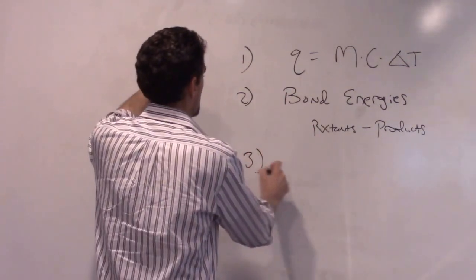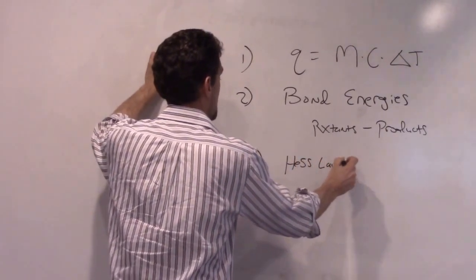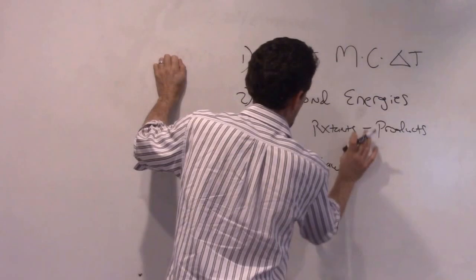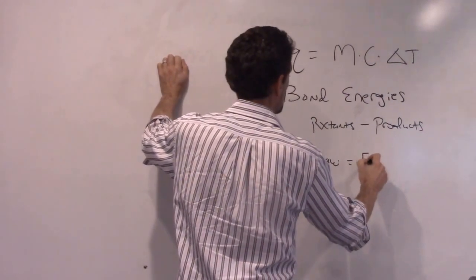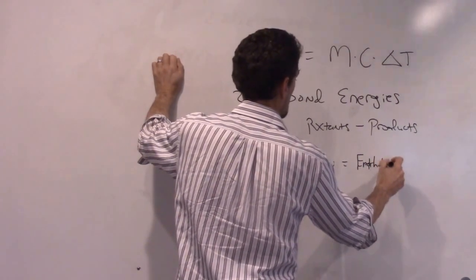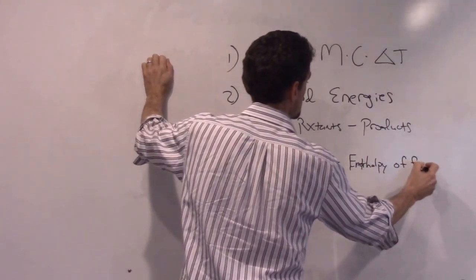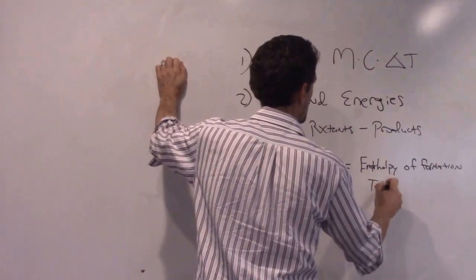And then the third way, using Hess's law, is using enthalpies of formation, and this comes from a table.